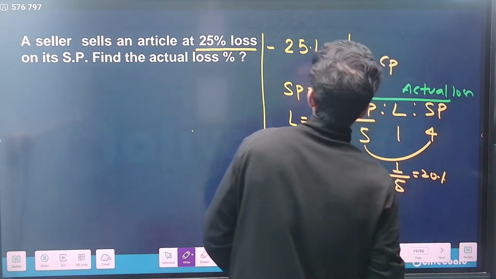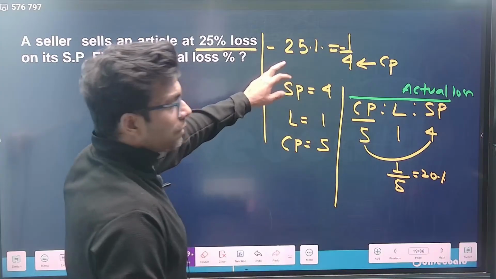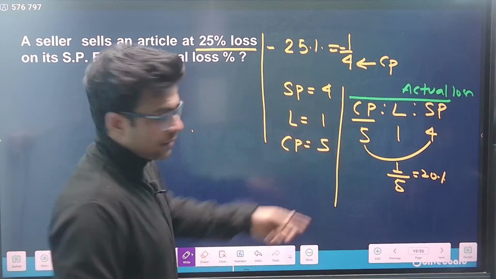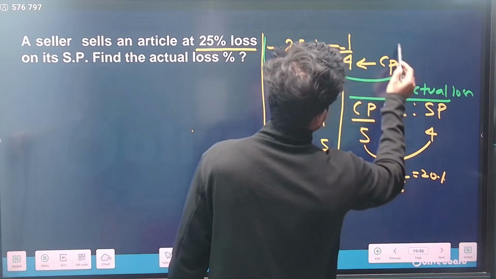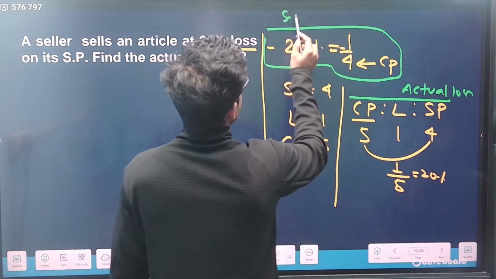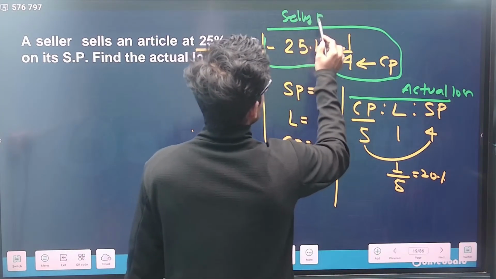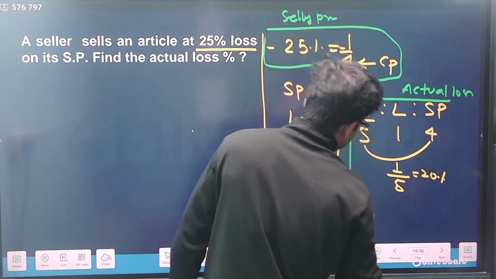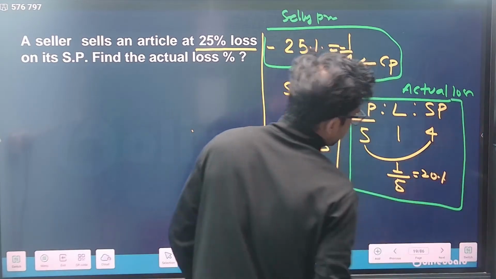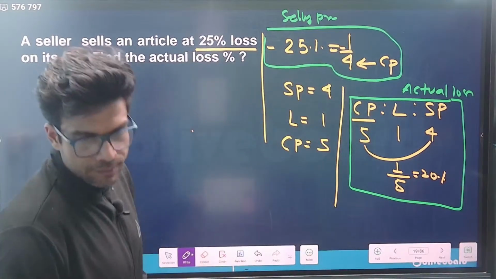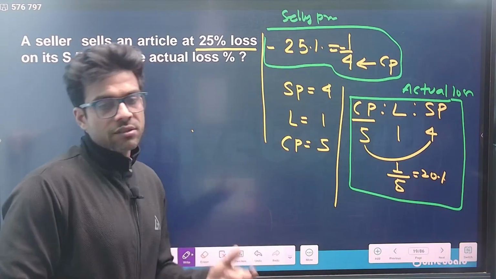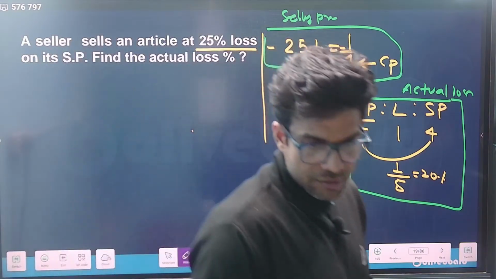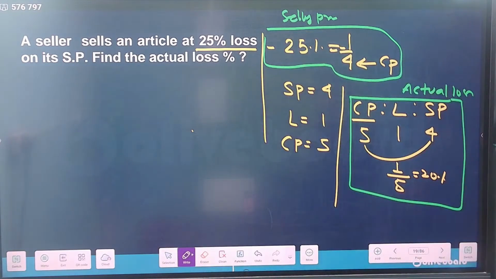Now this is the loss on the selling price, and this is the loss on the cost price. So there are two different things you need to learn. When the base changes, the loss percentage or profit percentage also changes. Isn't it? I hope you guys are getting it.